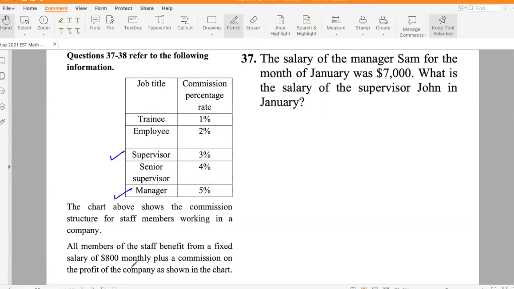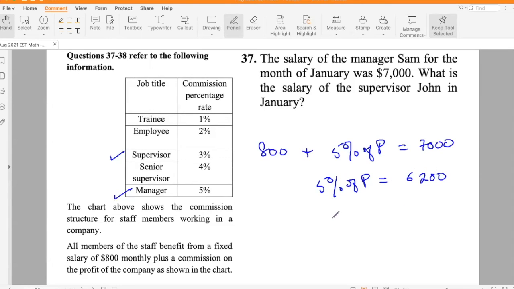Okay, so let's say the profit was P. So 800 plus 5% of P is 7,000, right? Because that's what Sam earned. So 5% of P is 6,200. So P is 6,200 into 100 by 5, which is 6,200 into 20, so 124,000 was the profit, right?